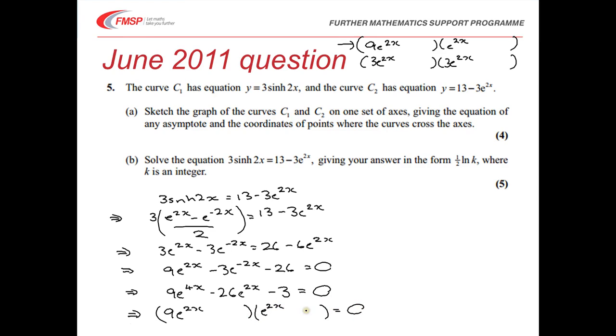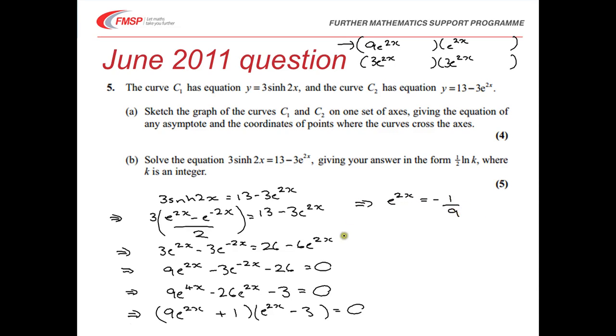So we'll have negative 3 here and plus 1 here, and now we can look to see how these solve. So continuing the work here, we've got e to the 2x is minus a ninth.